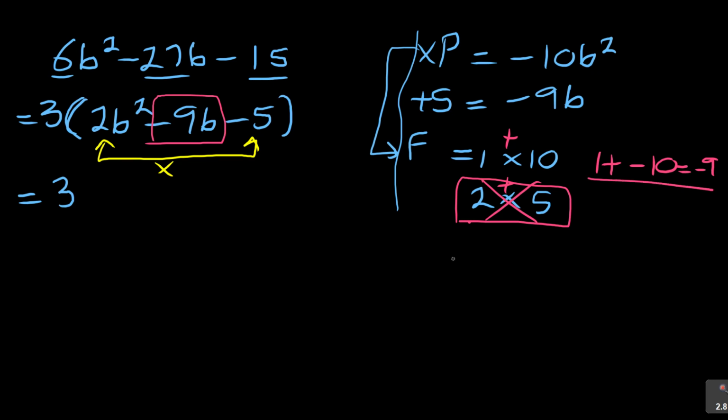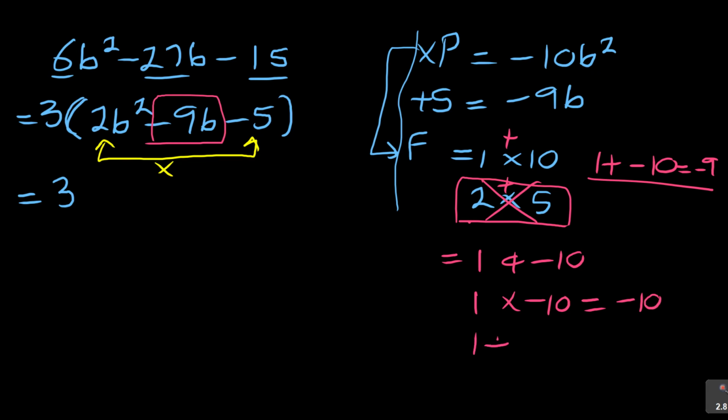So which means my factors are 1 and negative 9. Look at this. If I multiply 1 times negative 9, I get minus 9. Sorry, it's not 1 and 9, it's 1 and negative 10. So if I say 1 times negative 10, what do I get? A product of minus 10.